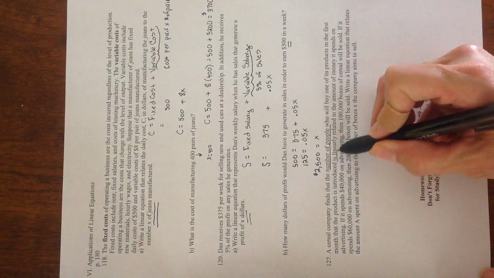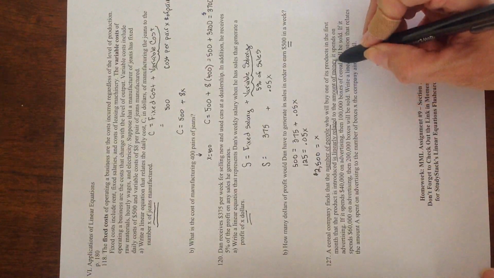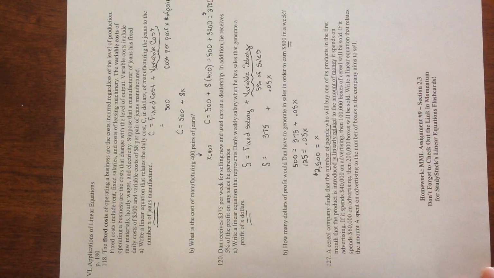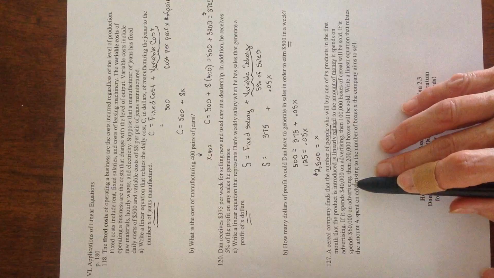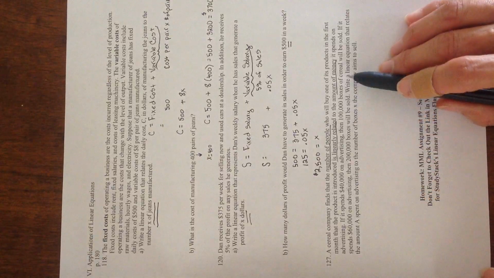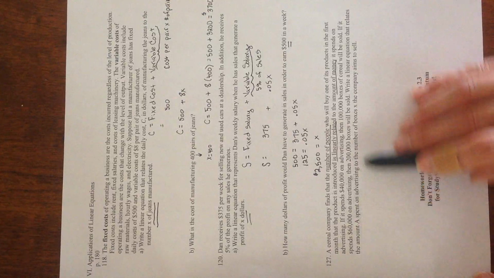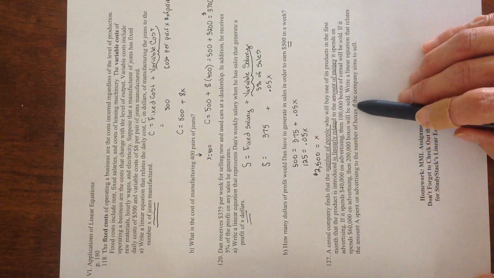We're told that if it spends $40,000 on advertising, then 100,000 boxes of cereal will be sold, and if the company spends $60,000 on advertising, then 200,000 boxes will be sold.